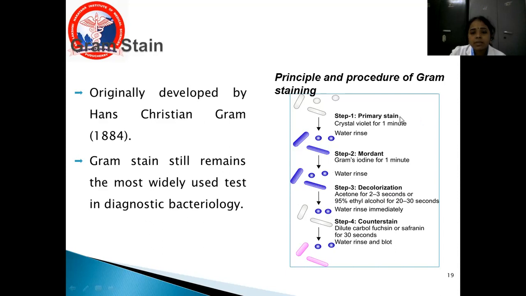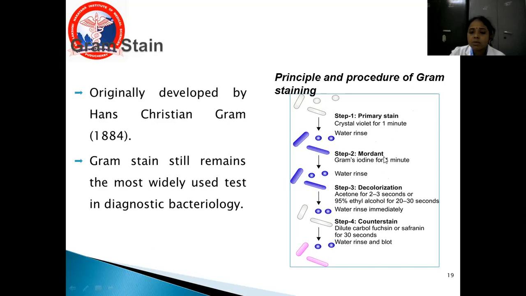In case of gram negative, what will happen? It has a thin peptidoglycan layer, and the gram negative also has a lipid layer. We follow the same steps, the same procedure. First we add crystal violet, which is loosely bound to the peptidoglycan layer, and after adding the mordant, it forms the crystal violet iodine complex.